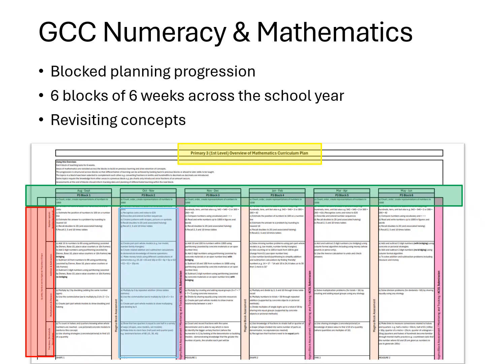Down the left-hand side in red, you've got the organisers or the areas of the maths curriculum that are indicated across each row, and then the blocks of teaching are running vertically down the page. So, for example, the area highlighted blue is indicating the teaching points for block 2 of this progression.